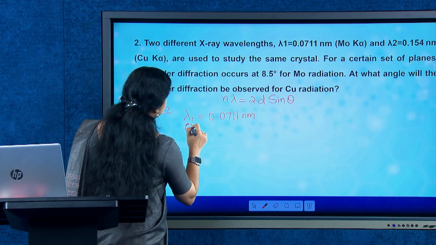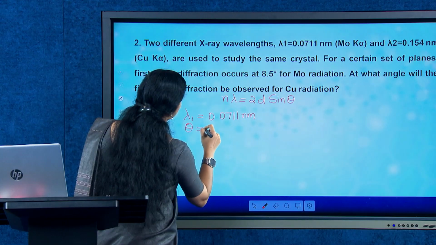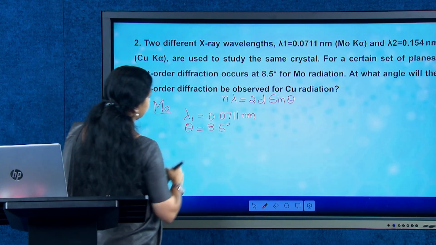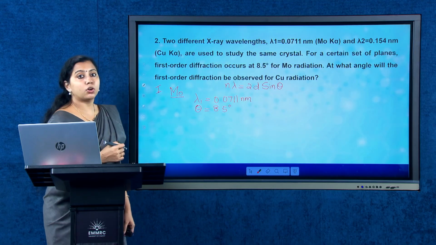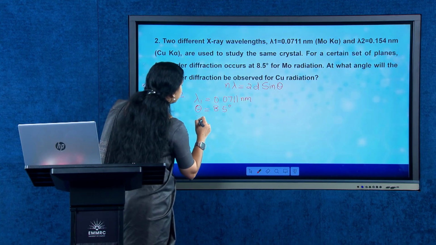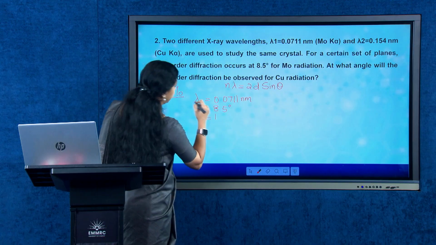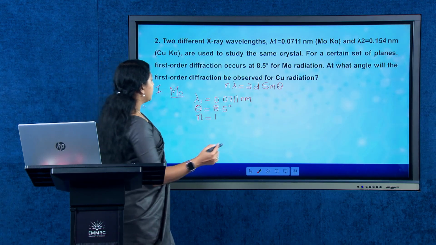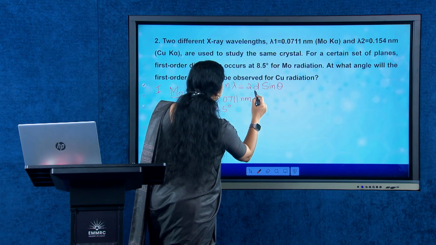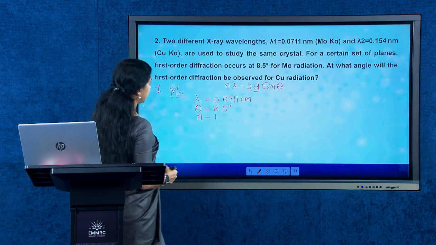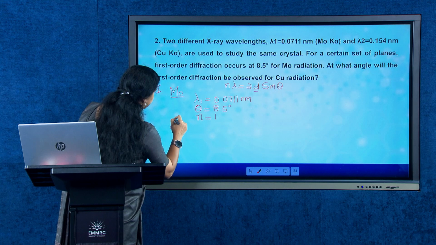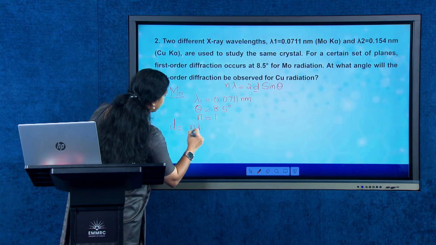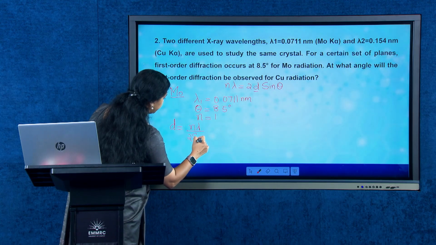Angle theta is equal to 8.5 degree. It is a first order diffraction, so we have n equal to 1. From this we can find out the spacing d because that is missing. From this equation, d is equal to n lambda by 2 sin theta.